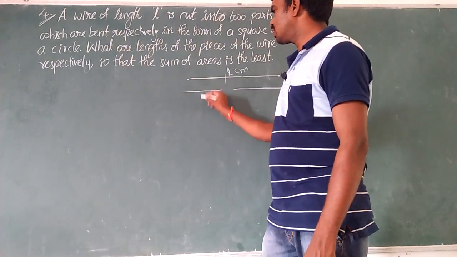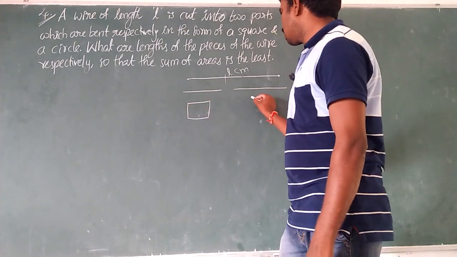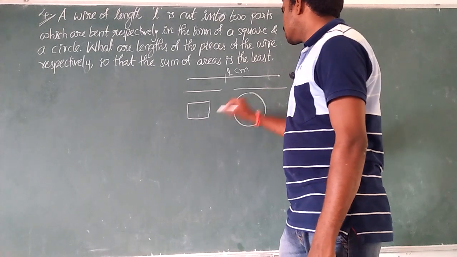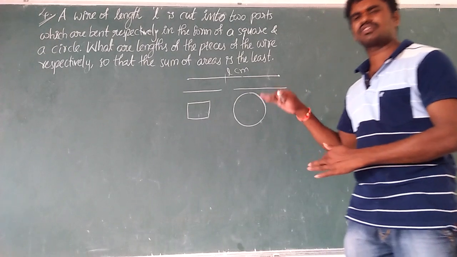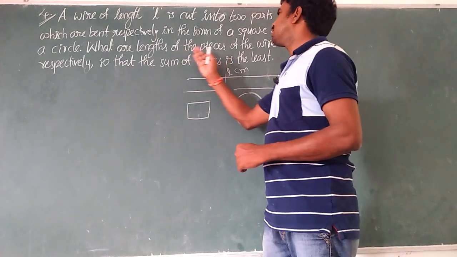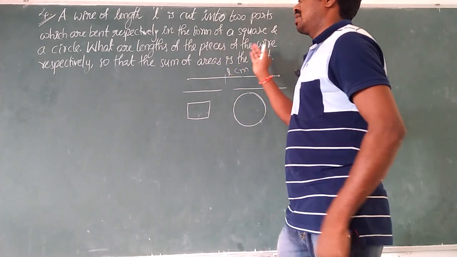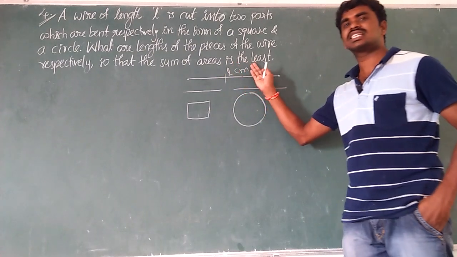One part is converted into a square, another part into a circle. First of all, we should understand the question, then we can solve the problem. What are the lengths of the pieces of the wire respectively, so that the sum of areas is least?